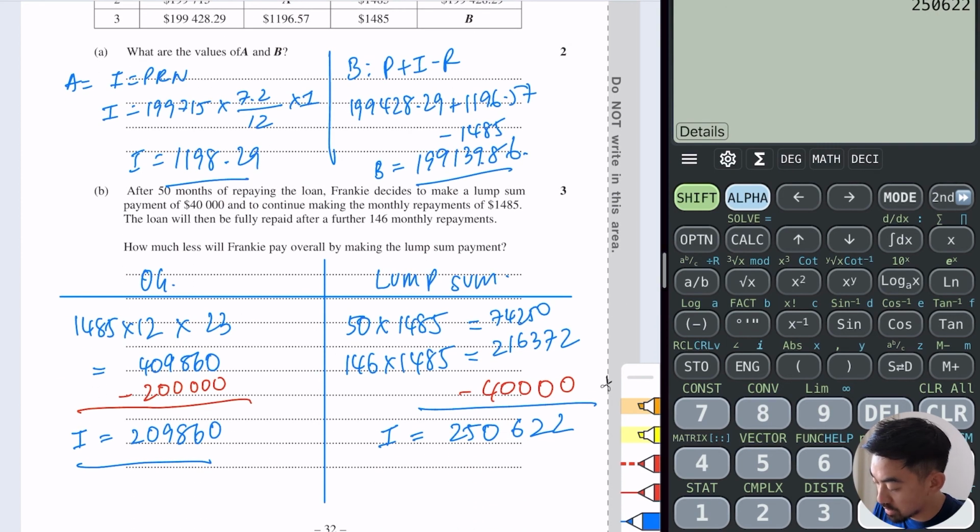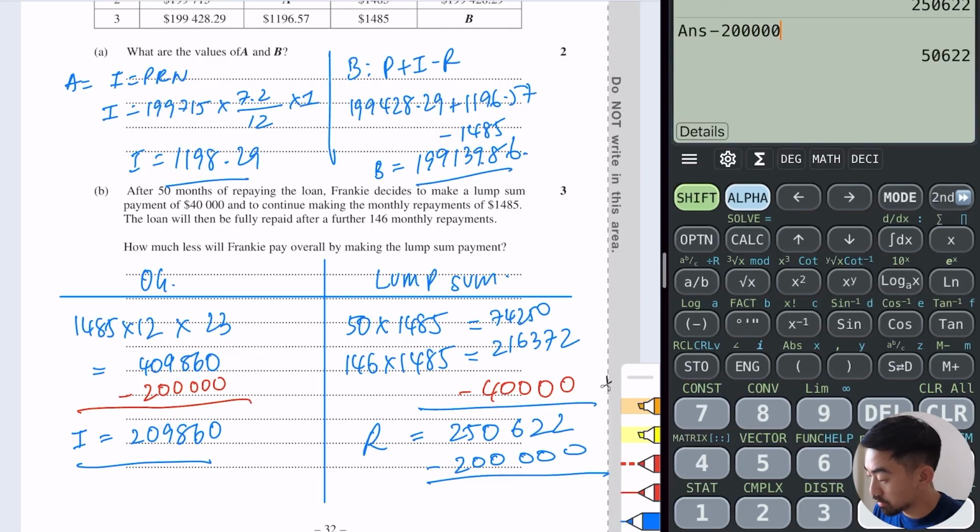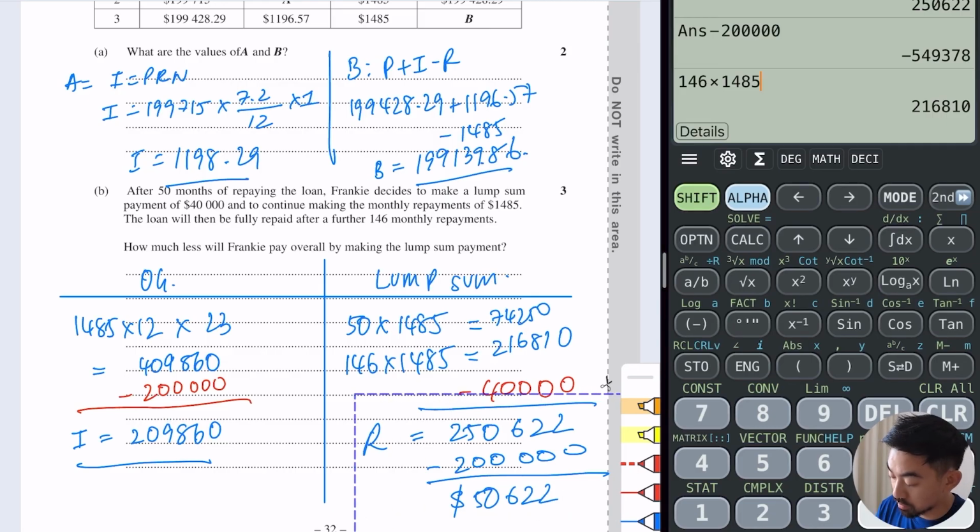And I need to minus, sorry, that is the total repay. Now I need to minus how much she's borrowing, which is $200,000. I think I made a mistake here. All right, so let's just back up a bit. 146 times 1485. That should be 810. Okay, so I need to redo this bit.